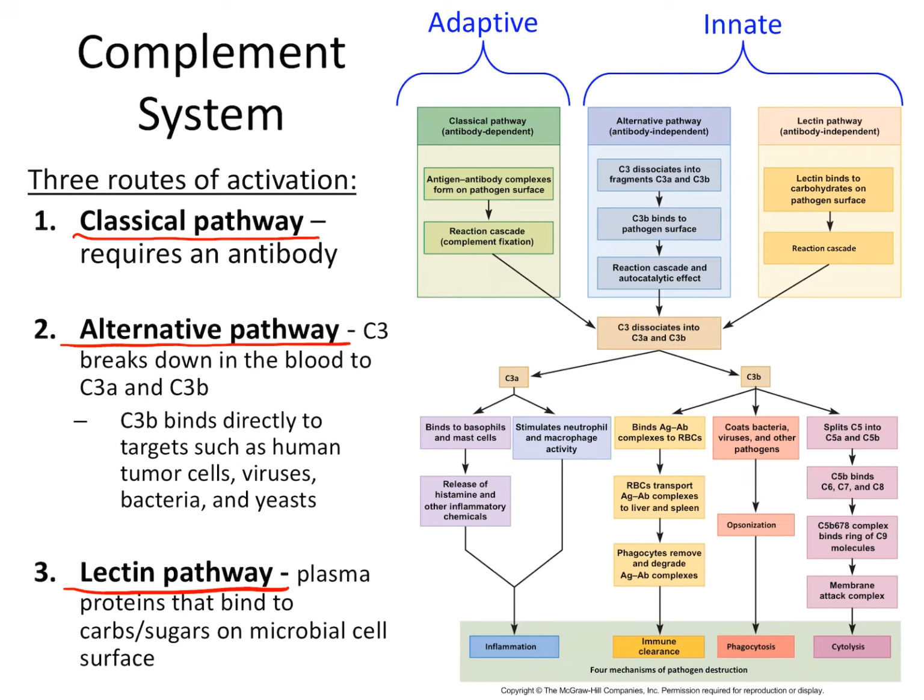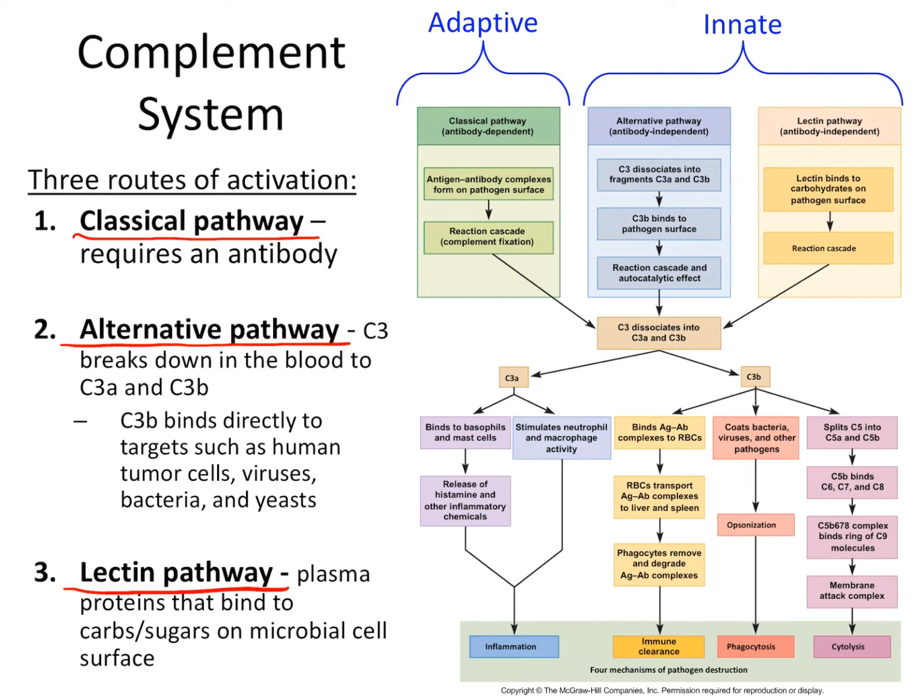So C3b, when it is liberated from C3, can initiate this cascade if and when it binds to the surface of a pathogen. The lectin pathway, on the other hand, is essentially going to occur when a lectin, which is a water-soluble protein that binds sugars, binds to a sugar or a carbohydrate that's present on the surface of a microbial cell.